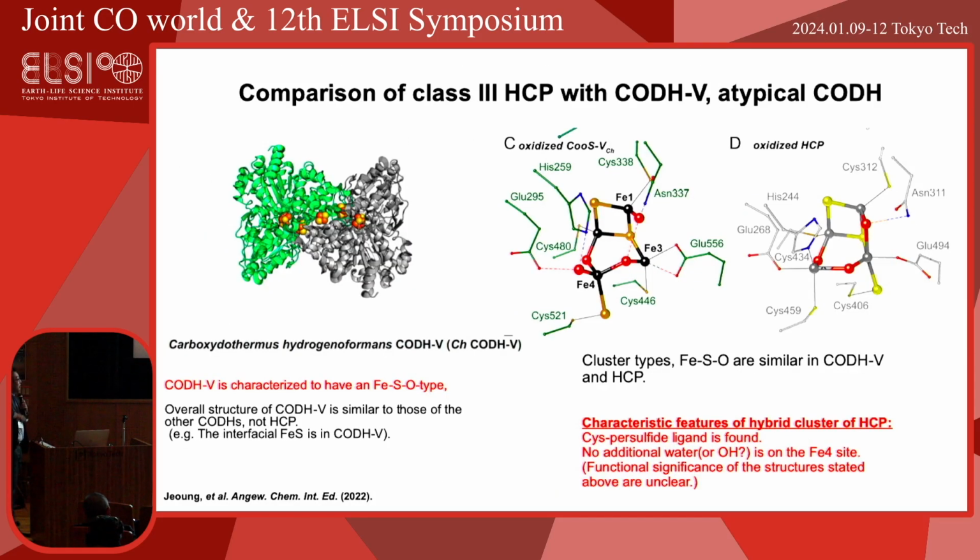And now I introduce a very recent work, not from my group, but from another group, on CODH5, which has no CODH activity, because this enzyme has an FeS type cluster like HCP, not a nickel-containing one. However, the cluster architectures are not completely the same. The big difference is found in the cysteine persulfide here.